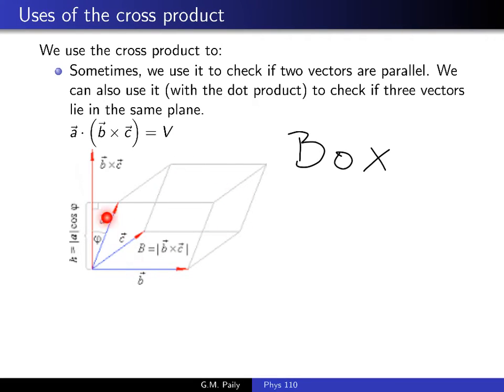The volume of that box is given by V, that is A dot B cross C. So, if A, B, and C lie in the same plane, what would be the volume of the box? If they all lie in the same plane, then the volume of the box is 0. And so A dot B cross C will be 0.